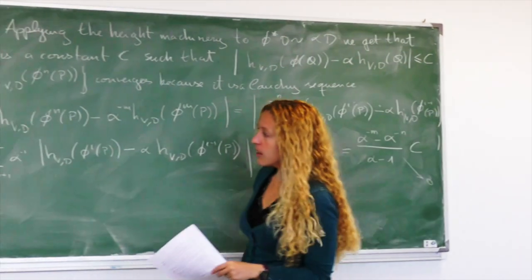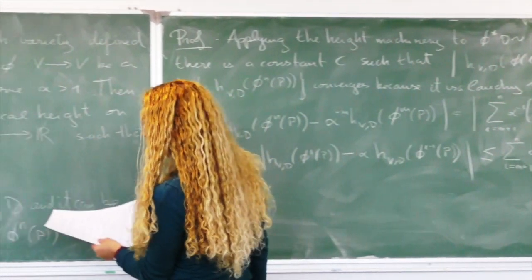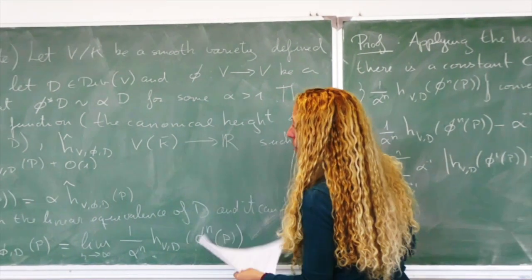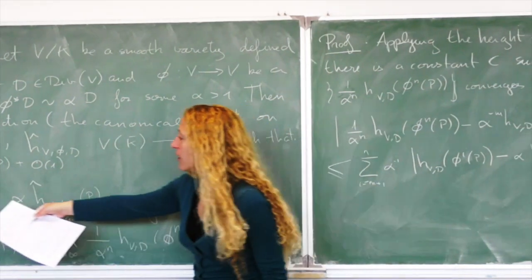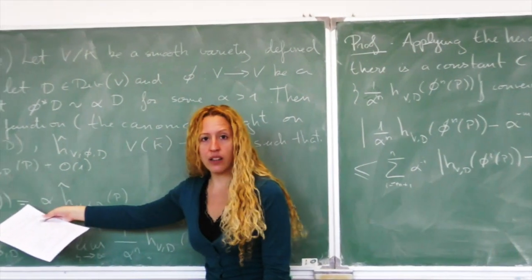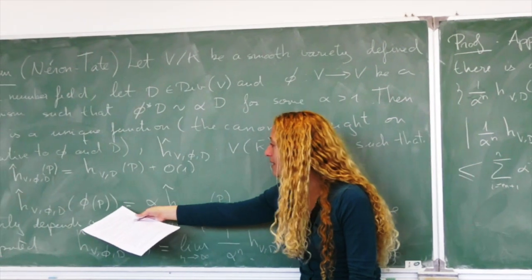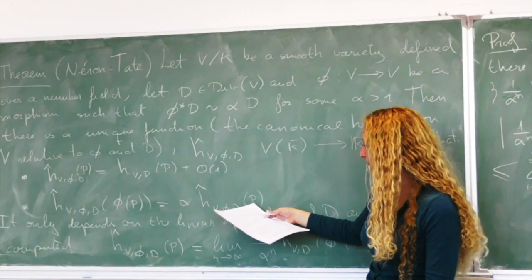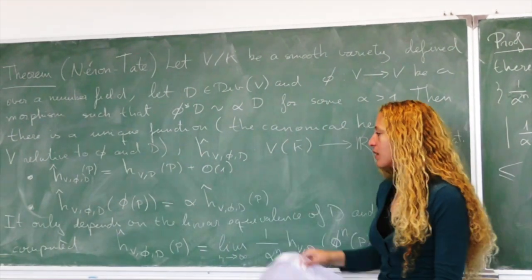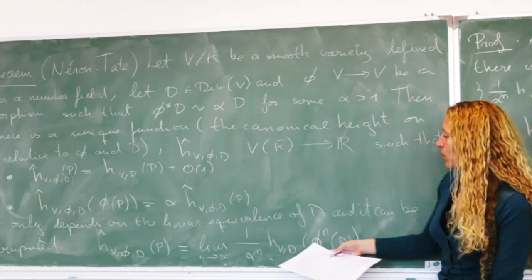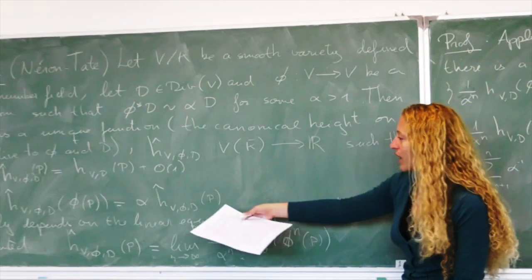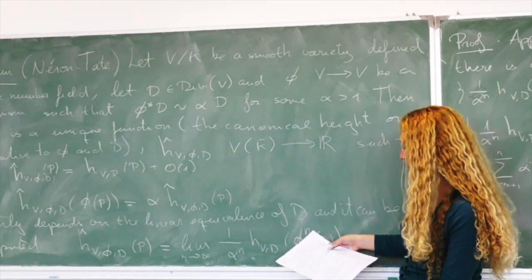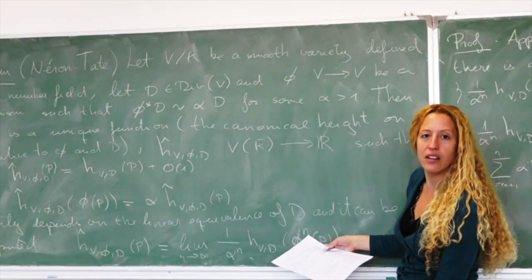Now, for the properties that we have here, they just come from the definition, right? For instance, the second one: we are proving that this canonical height is equal to alpha times this canonical height. Here is the image, here is the point. This is just because of the definition. The canonical height for phi of p gives you the same thing, but with a +1 here.